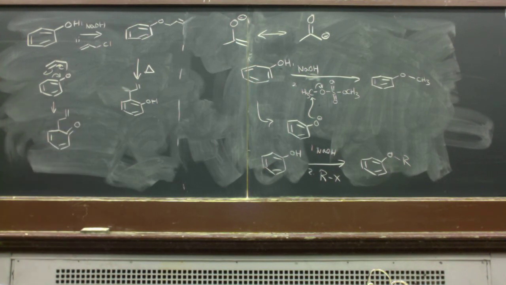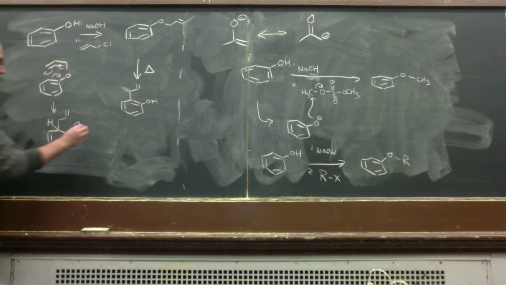You do the Claisen rearrangement, you go to this, and then it's simply an aromatization away. So this is not going to be stable, because it's not aromatic, right? So it's going to rapidly aromatize. This proton over here is going to tautomerize very rapidly, and you'll end up getting that molecule there.